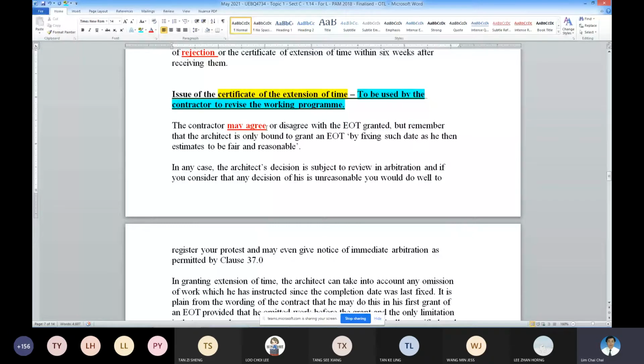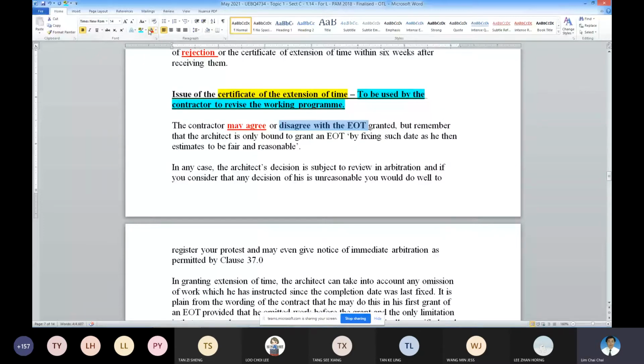If you agree, 30 days will be the official one, and your revision of your working program must be based on 30 days for that particular activity. If you disagree, then the next thing is you have to challenge this by arbitration. Clear? So if you disagree with the EOT granted.